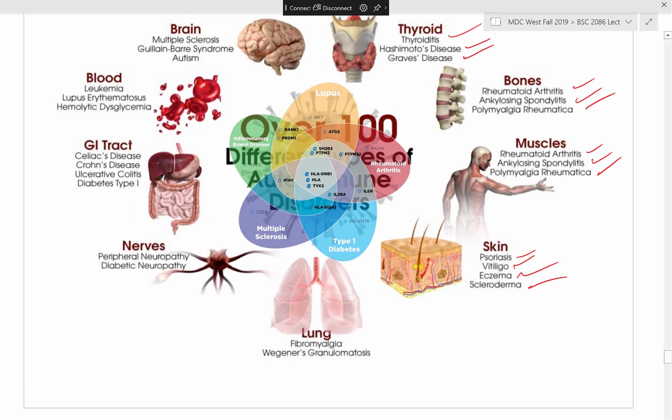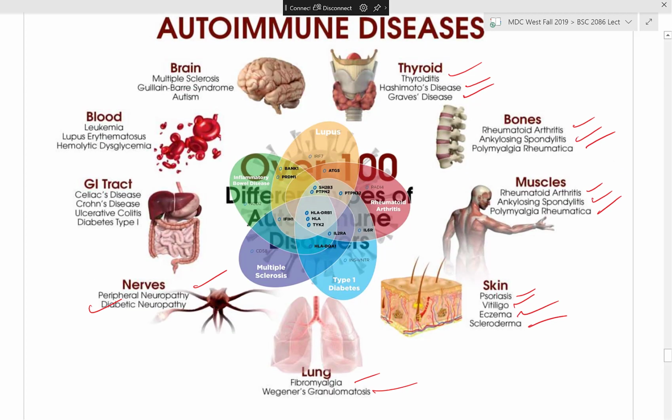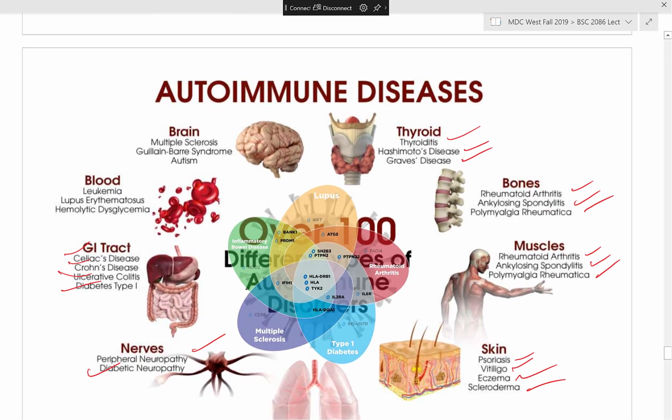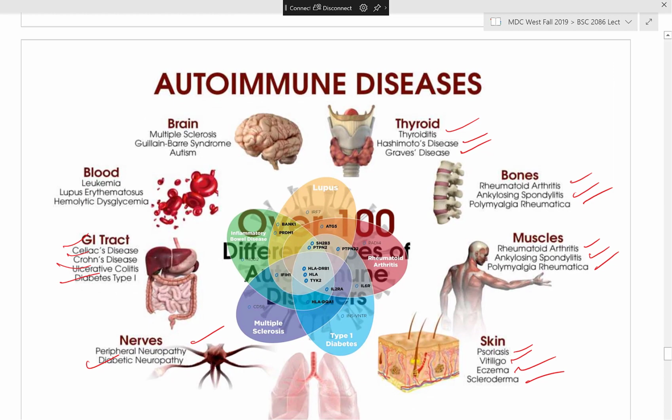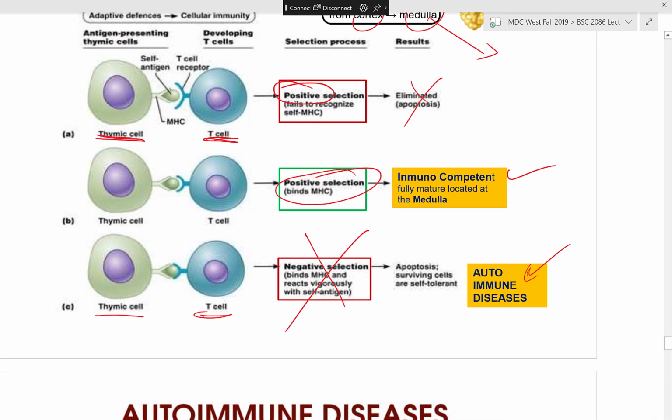Fibromyalgia, Wegener's granulomatosis, neuropathies, diabetes, celiac, Crohn's disease, ulcerative colitis, diabetes type 1. All these things tend to be what? Autoimmune disease. So that means that your body failed to properly select who was immunocompetent.